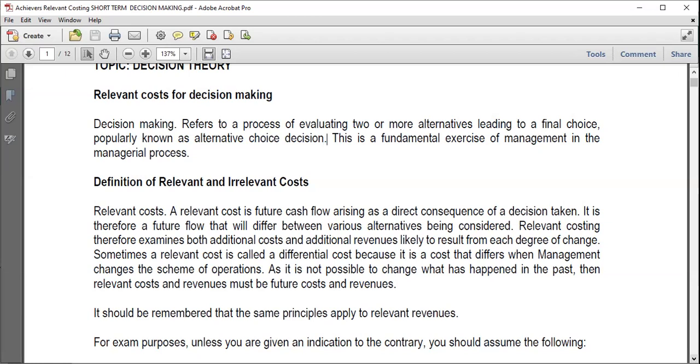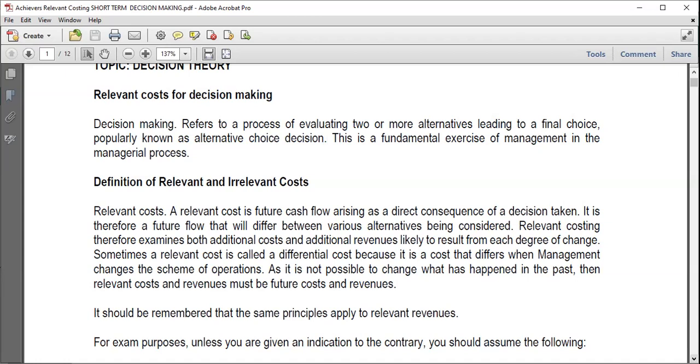Most of them are history, for example, sunk costs. They could be costs that you already incurred before you came to the point where you're going to make the decision. So we have to know that relevant cost is a future cash flow arising as a direct consequence of the decision to be taken.